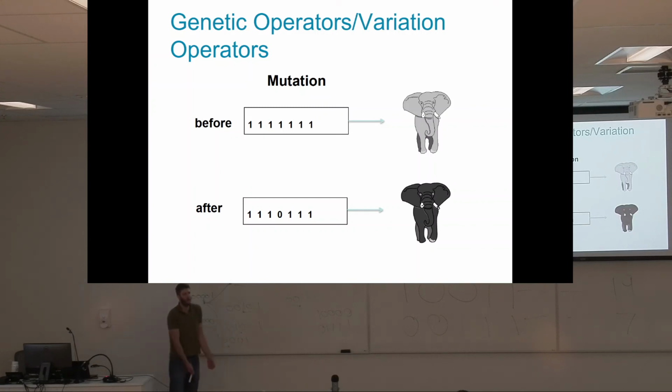But then somehow a mutation happens, and we change the third one to a 0, and suddenly it has this change. It looks like this change is probably benign, doesn't really have a consequence, it's just a different color now.